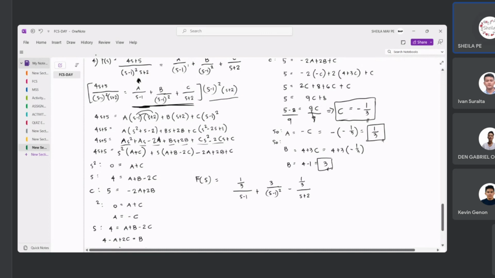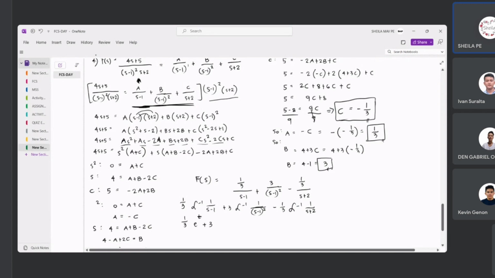Okay. And taking the inverse Laplace of 1 over s minus 1 plus 3 inverse Laplace of 1 over s minus 1 squared minus 1/3 inverse Laplace of 1 over s plus 2. Okay, so this is 1/3 e raised to the power of t. It was negative, so it's positive here.